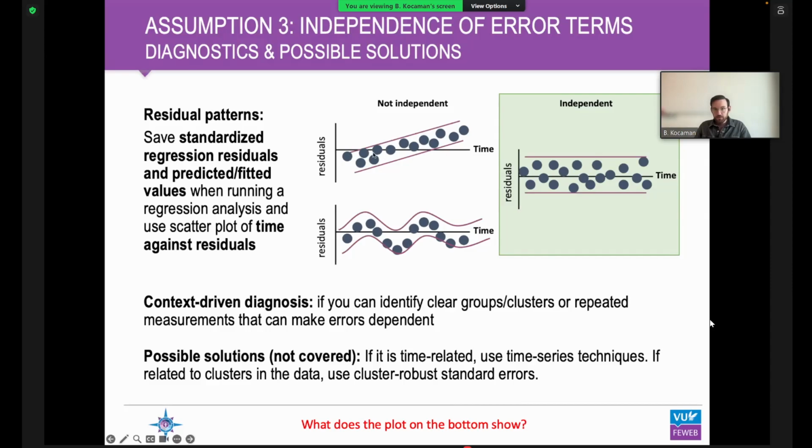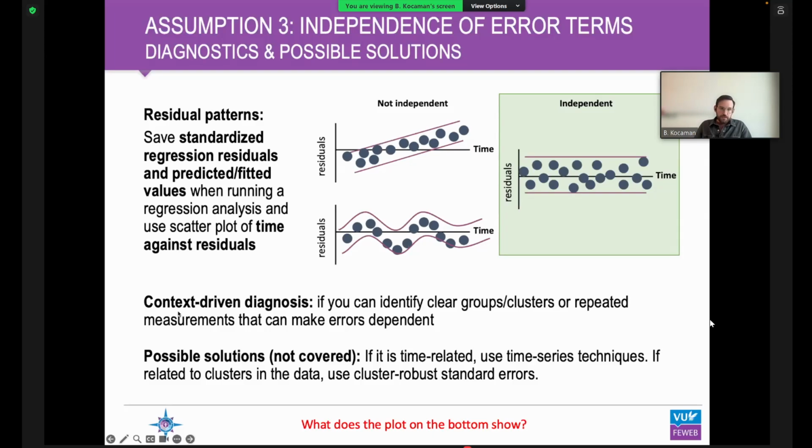So as time goes by, your residuals, meaning your prediction errors, are increasing. Or it might be that it first increases, then decreases, etc. So there's a pattern in your residuals versus time. In the case of independence, you should see this linear kind of distribution around zero over time for the residuals.